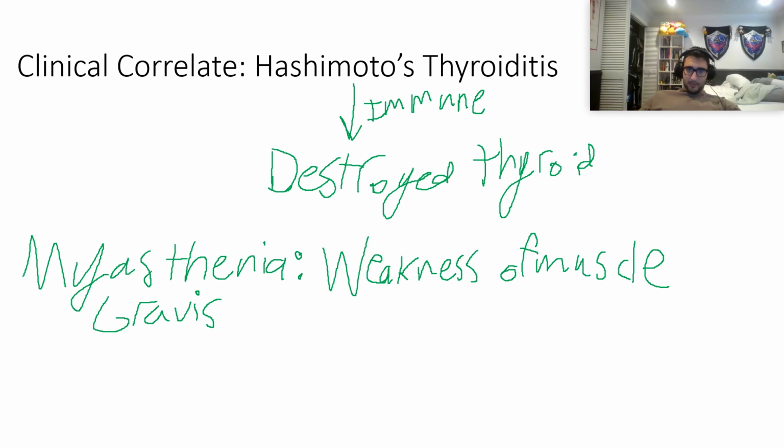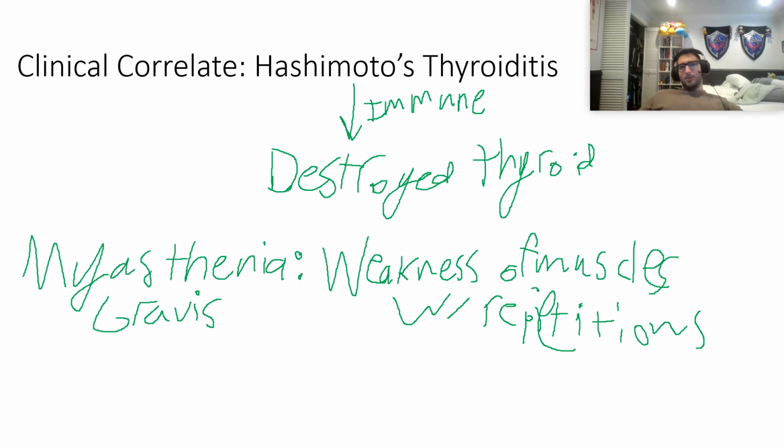You'll first notice it in the eyes, in the arms, etc. So it's weakness that gets worse throughout the day. If a patient presents with hypothyroidism in a question stem, and they have weakness of their muscles with repetition, you want to be assessing for myasthenia gravis.